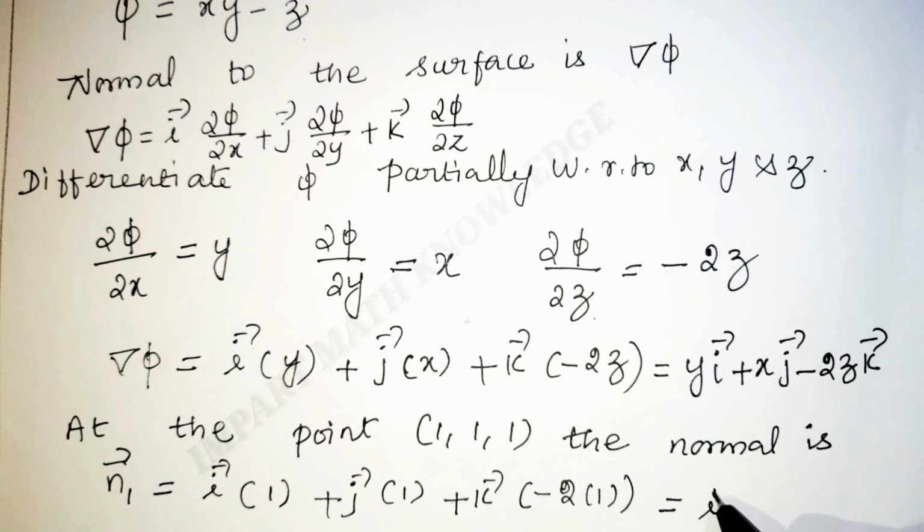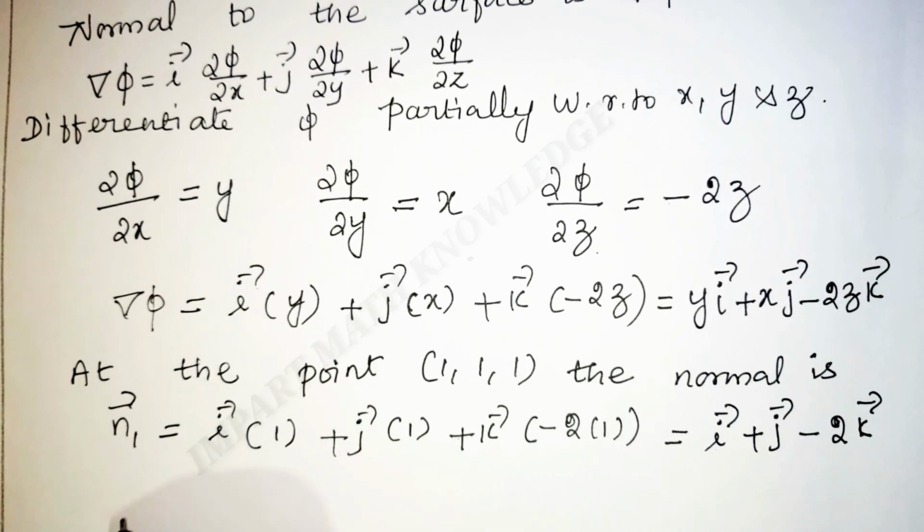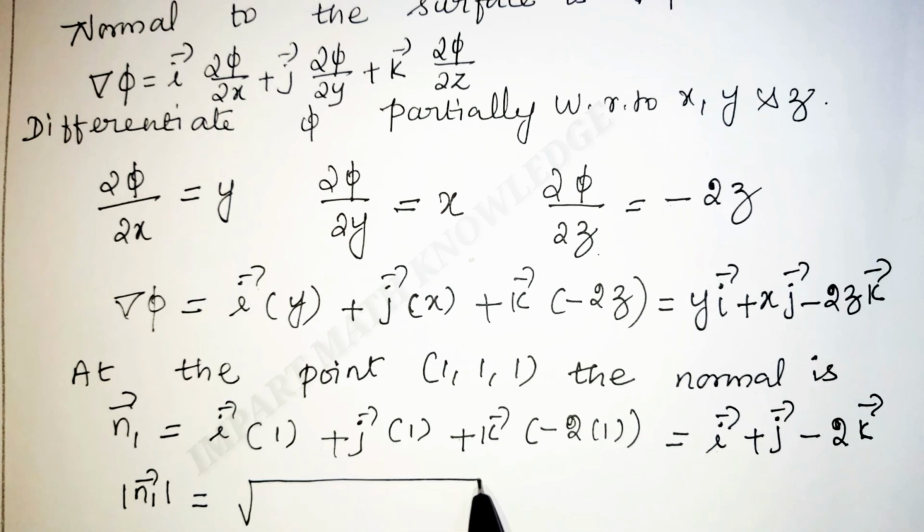So the value is i vector plus j vector minus 2k vector. Next we have to find modulus of n1 vector. Modulus of n1 vector is square root of 1 square plus 1 square plus minus 2 square. So the value is root 6.